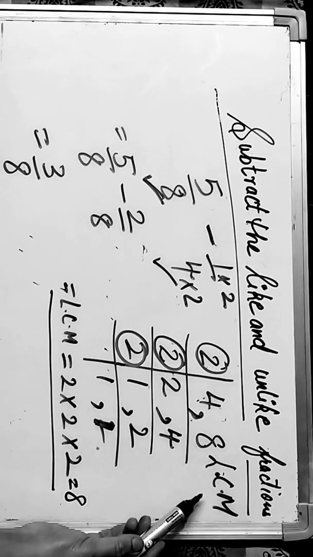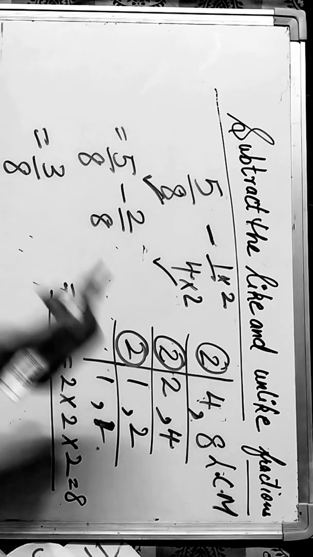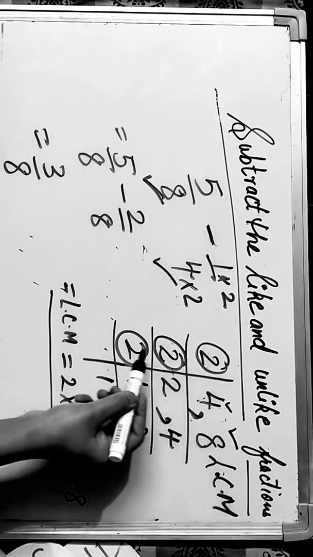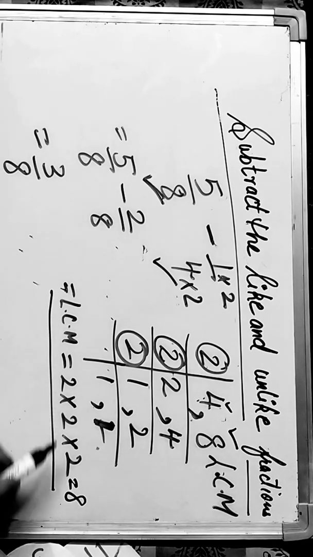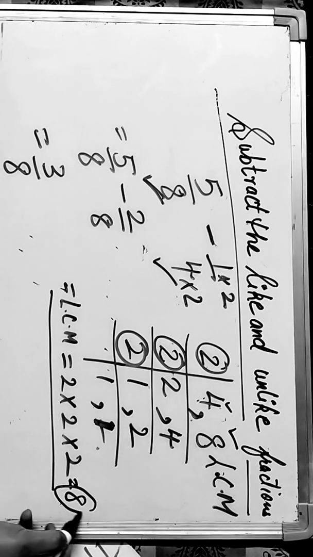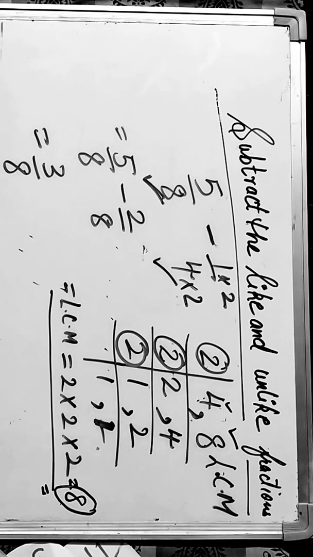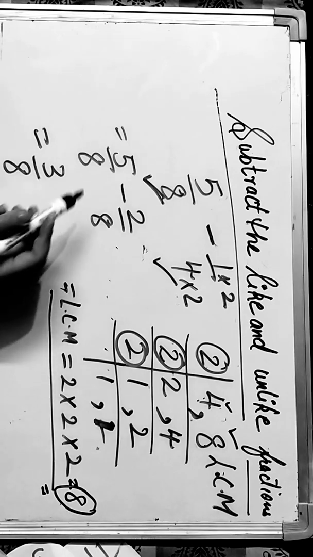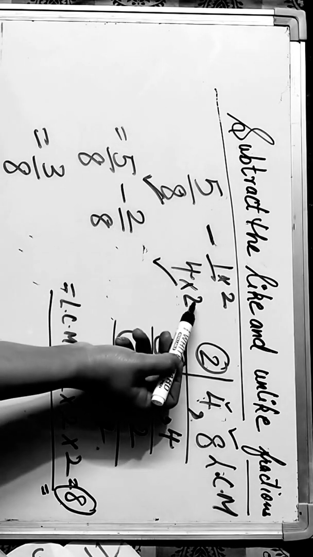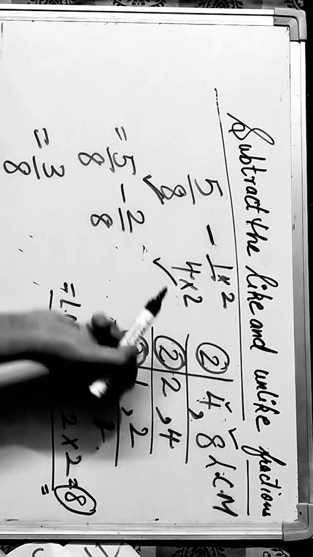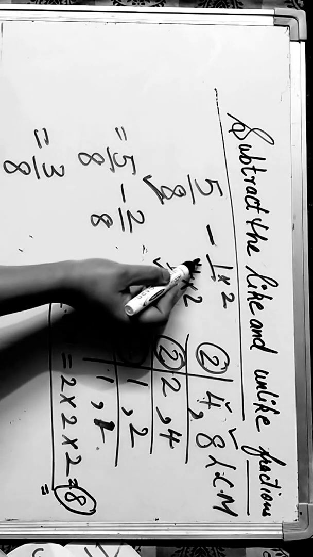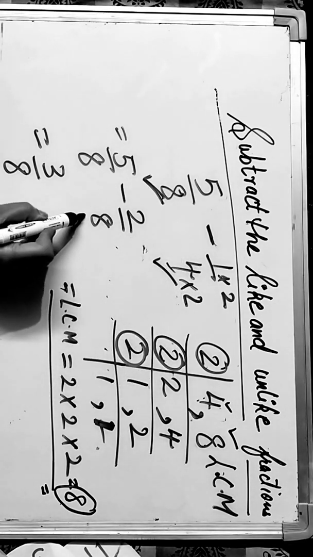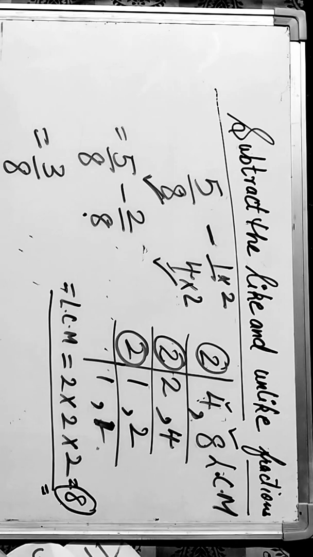To find out the LCM, we put the numbers into the same ladder, we find out the prime factors, we'll multiply the prime factors, and we'll make the piece size equal to the LCM we have got. Now we will multiply the numerator and denominator with the number which makes the given denominator equal to the LCM we want to make. Then this is 3/8.